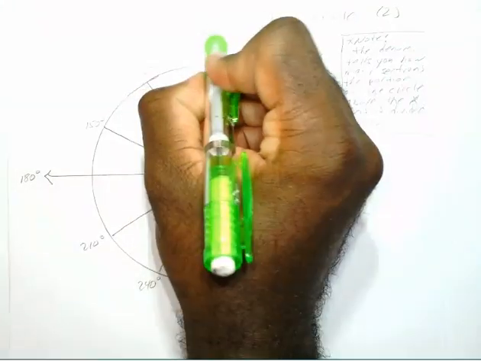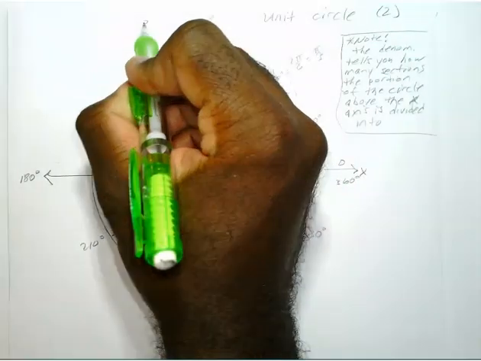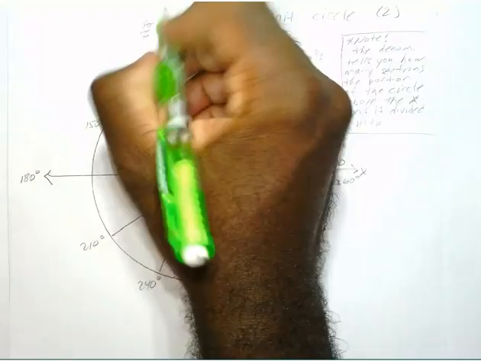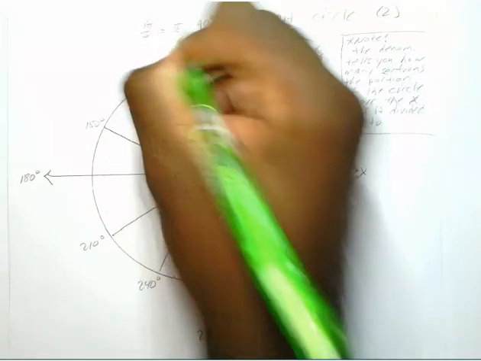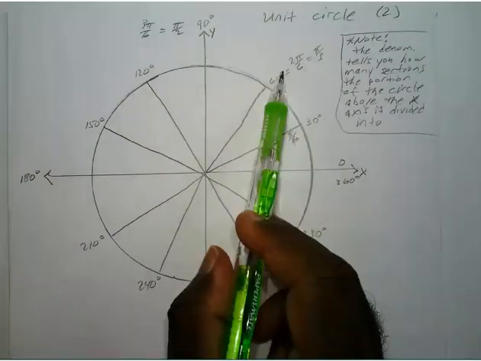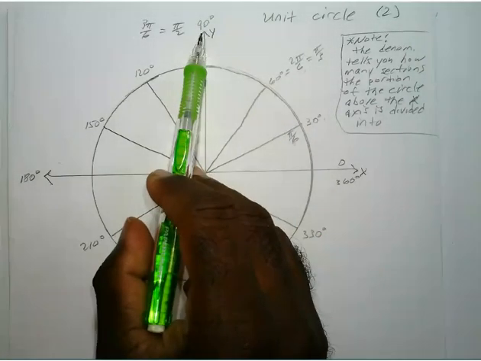Then we have 3 pi over 6. Once you simplify it, that becomes pi over 2, which we know is our 90 degrees.